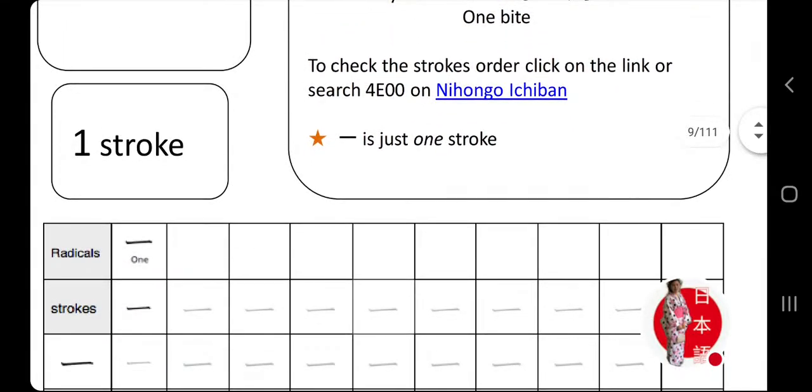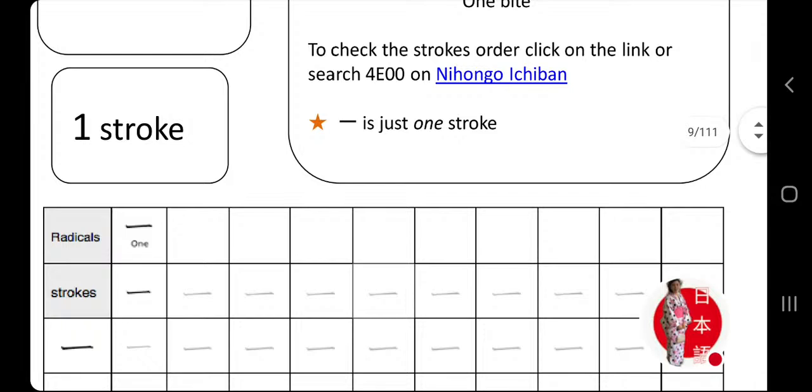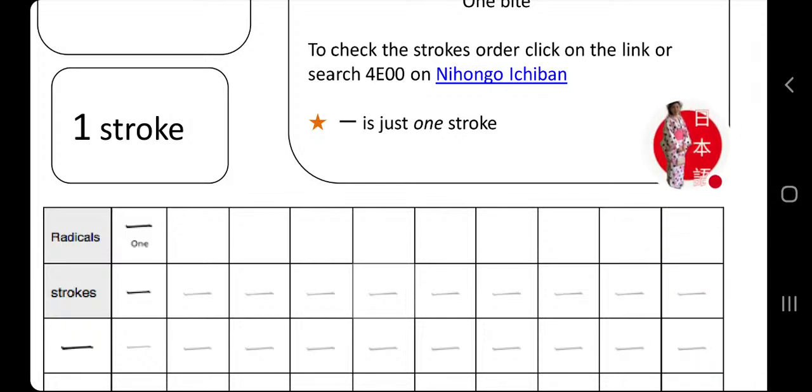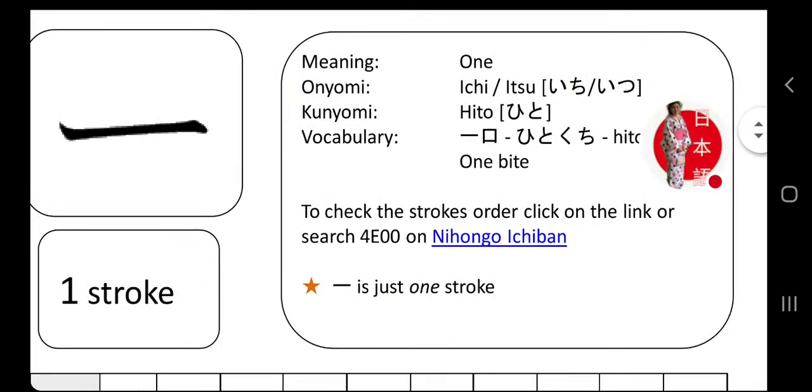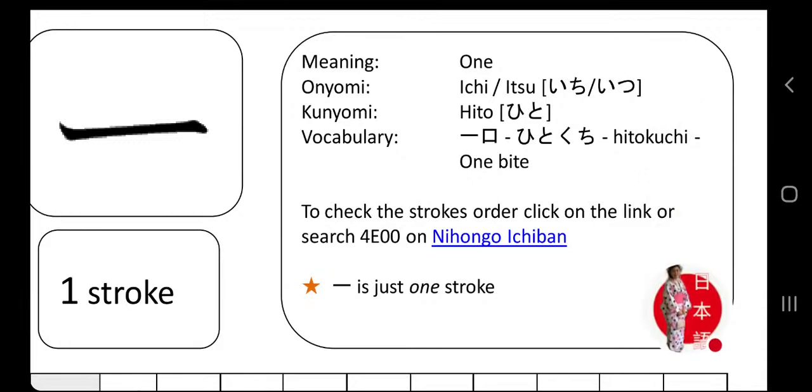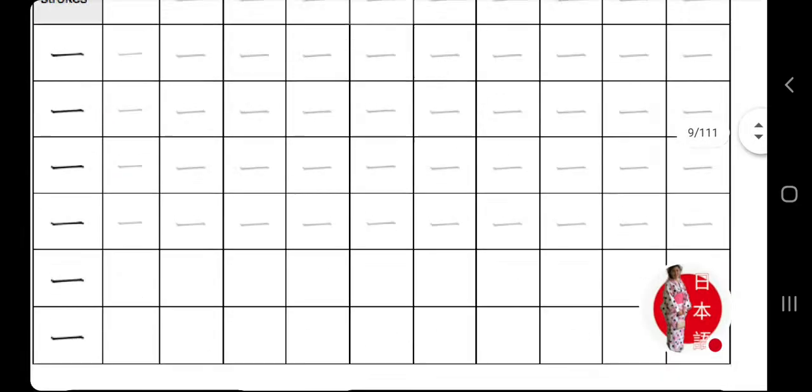You just need to write it like this, and then you can practice by doing this one line, one stroke. This is our first character, ichi, and then hito for kunyomi, the Japanese reading. Hito, just like the vocabulary hitokuchi. One bite. Okay, let's go to our next character.